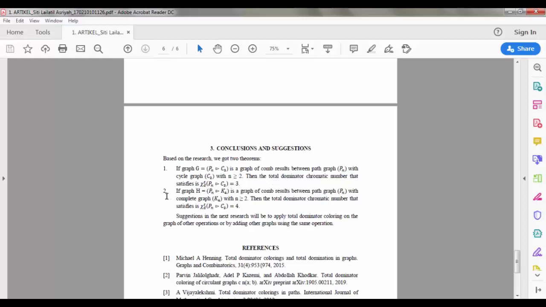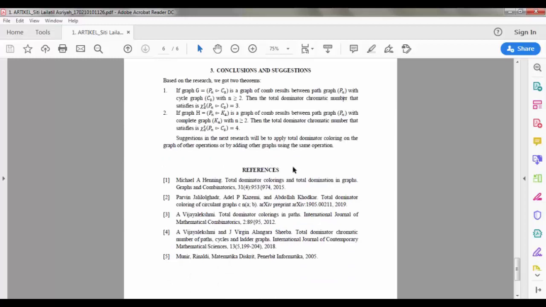And the last, if graph H is the comb product between path graph Pn and complete graph K4 with n greater than or equal to 2, then the total dominator chromatic number satisfies equal to 4. The suggestion from the article is that future research be applied to total dominator coloring on graphs with other operations, or by adding other graphs using the same operation.